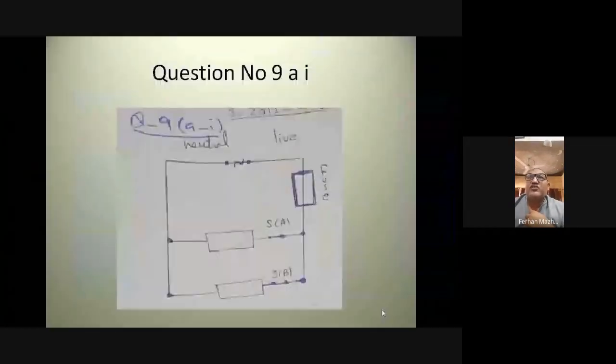On your screen you can see that I have shown a live wire, and in the live wire I have shown a fuse, and this is the electric symbol for the fuse. So kindly draw this shape in your booklet. Are you done?